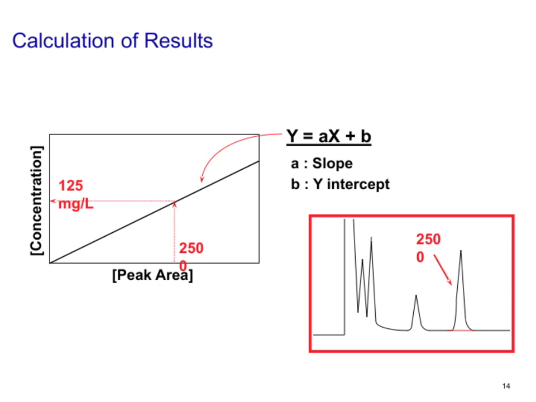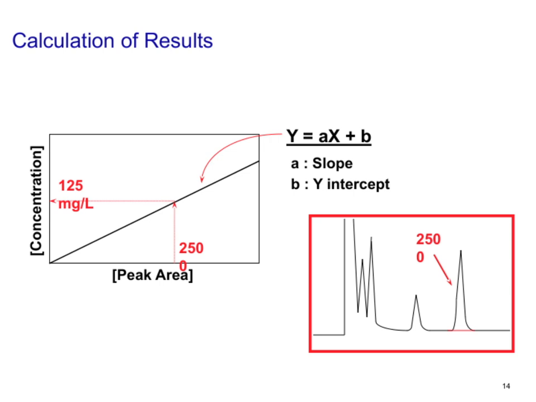Y is the peak area, x is the concentration, a is the slope, and b is the y-intercept. In our case, the slope indicates how much the peak area changes with each unit change in concentration. The y-intercept b is the value of the peak area when the concentration is 0, basically, where our line crosses the y-axis.